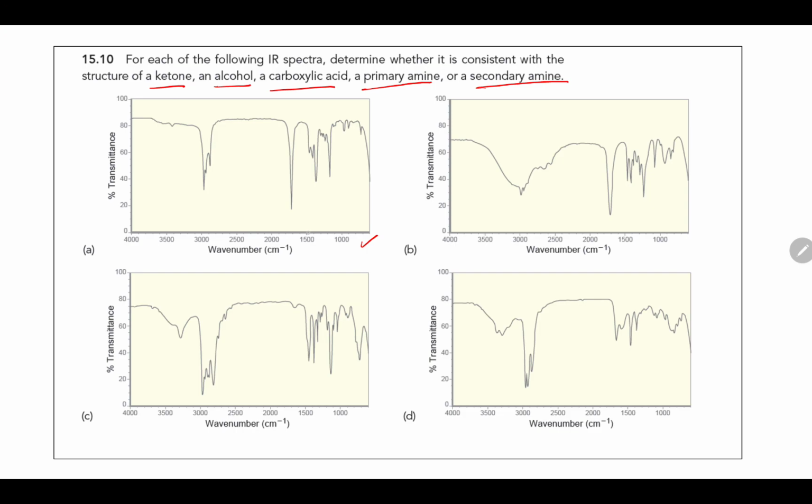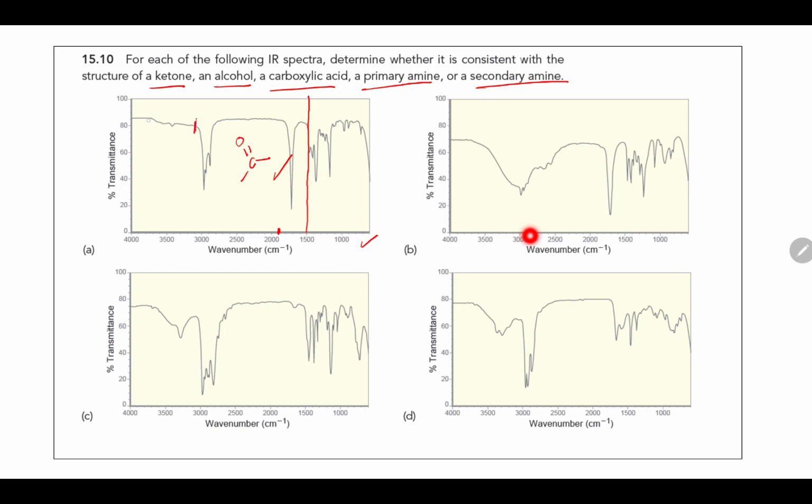Step one, drawing a line at 1500, and then looking in this region between 1500 and almost 1800. I can see that there is a sharp peak with high intensity, which means that probably this is a compound which has a carbonyl group.